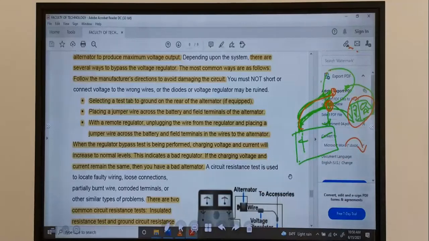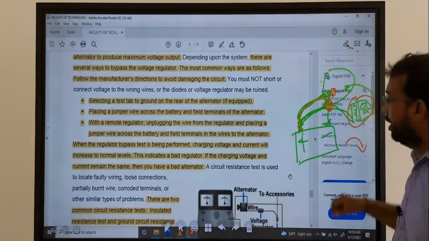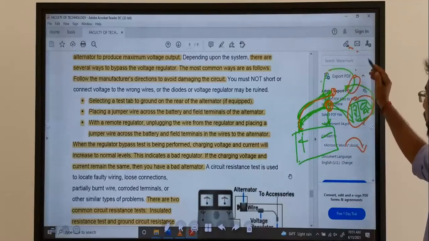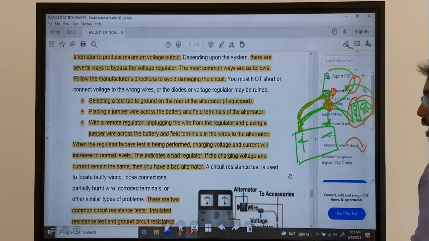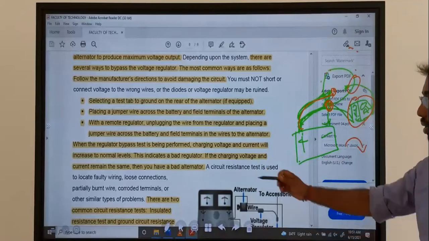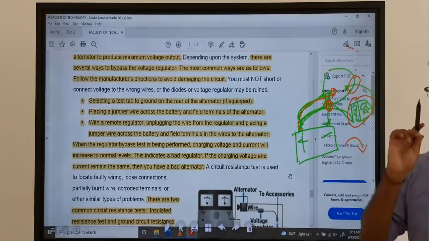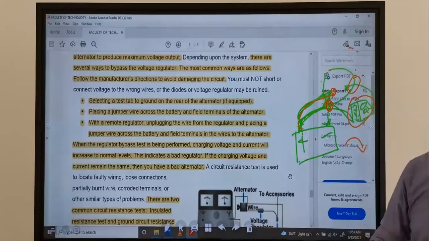But without the regulator, surely when we increase the speed or any load condition, the output voltage and current will increase. But if there is no increment and it remains the same, that means the problem is inside the alternator, because the alternator cannot give much AC current whatever the speed.